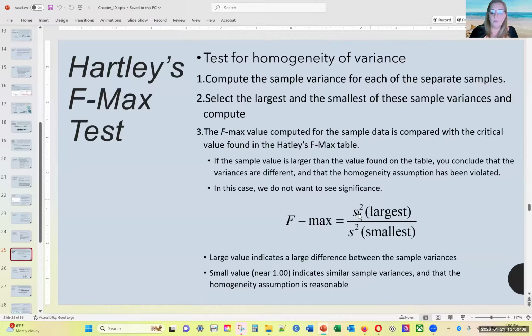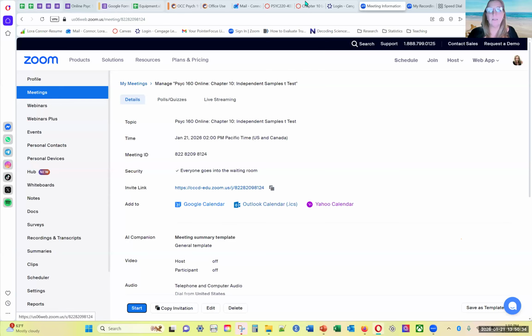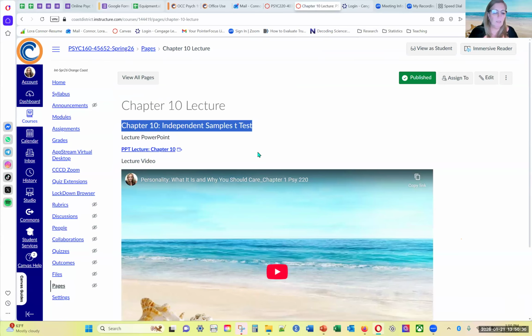You would put the largest on top and the smallest on the bottom for this formula. And then we calculate the F max. The F max value is computed and compared to the critical value found in the Hartley's F max table.